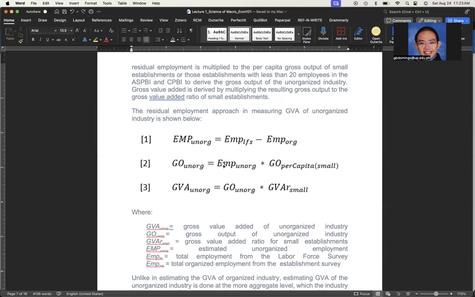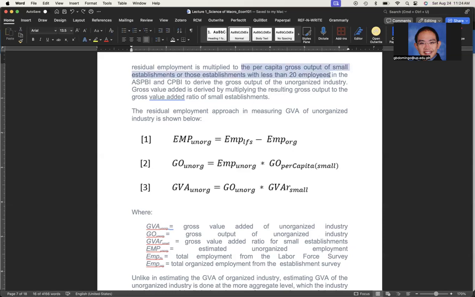And in that equation, employment from the unorganized will be multiplied by the gross output per capita of these small establishments. Right? So the statisticians have to calculate the gross output of small establishments. The gross output per capita of small, it should really be per labor. So gross output per worker of small establishments or these establishments with less than 20 employees.